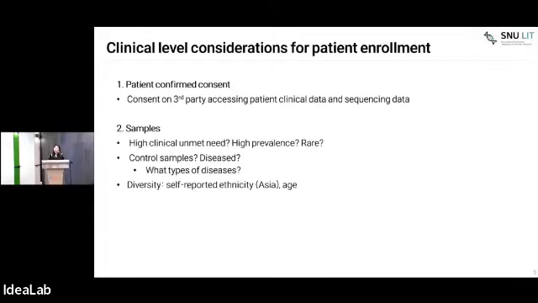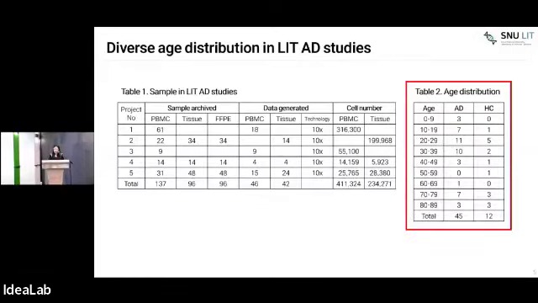Second, there should be a wise decision for the sample selections. It is important to consider various demographic factors for diversity, including the self-reported ethnicities and age groups. As an example, I would like to share the diverse age distributions in our lab's atopic dermatitis studies.